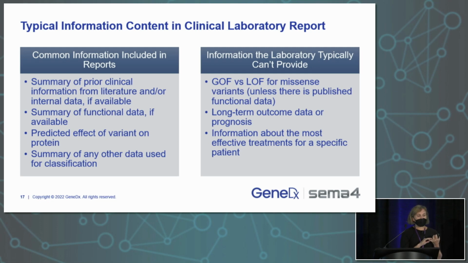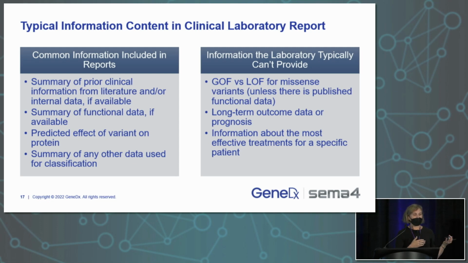We provide information about the predicted effect that we think the variant would have on the protein, and then a summary of any of the other data used in classification, so the population data, anything else like that that would have been used.